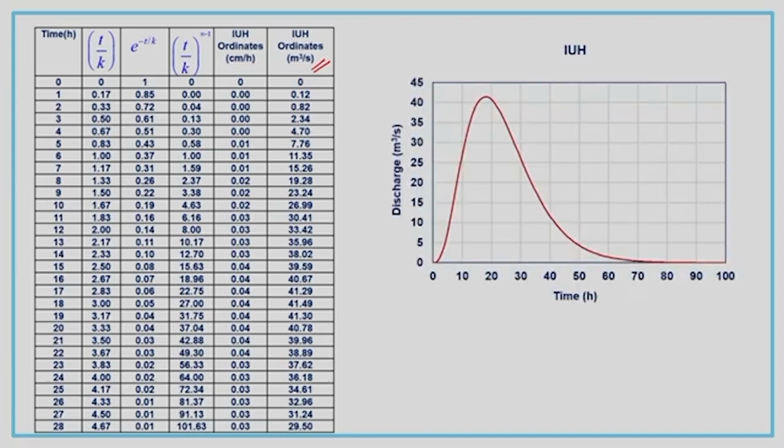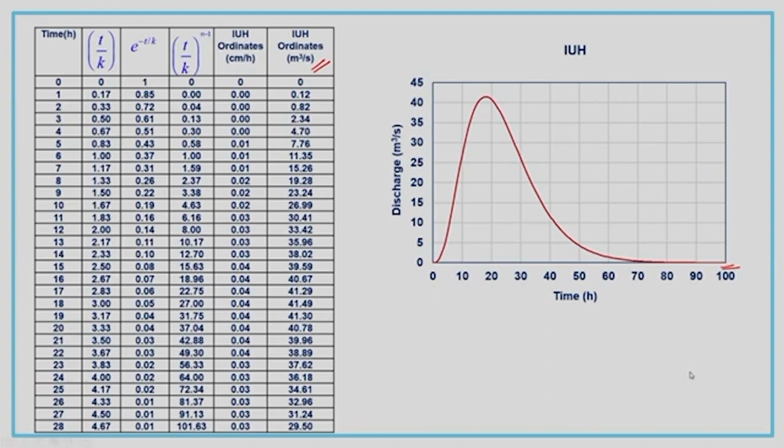Here you can see in the graph, it is lasting up to approximately 100 hours. So, it has started from 0, increased to the peak, and then the recession started, and finally at around 100 hours it is coming to be 0. The ordinate of the IUH has touched the value of 0.